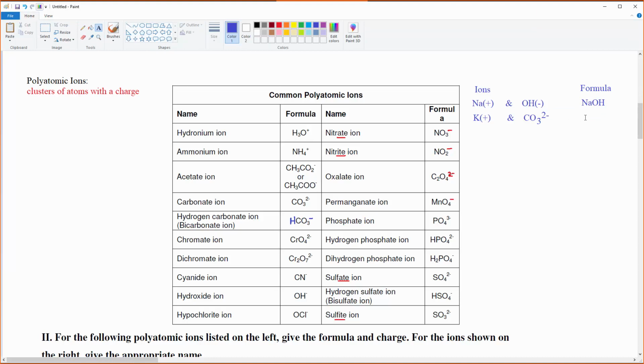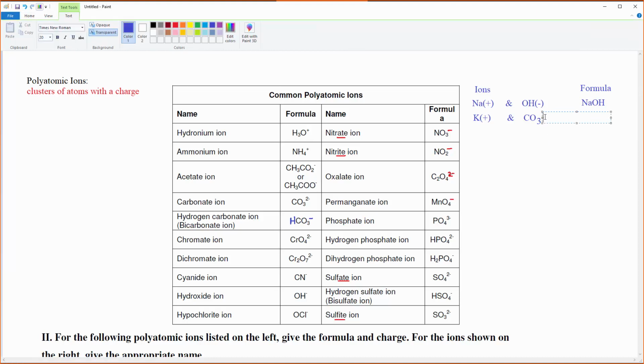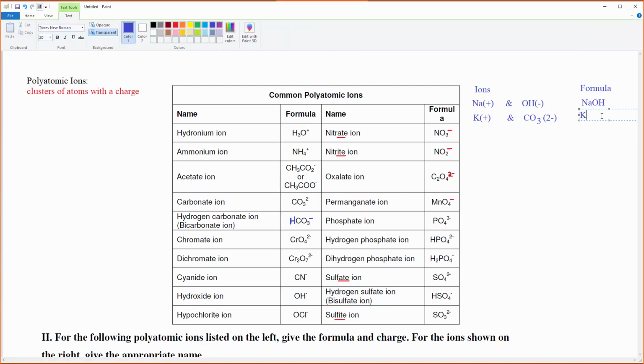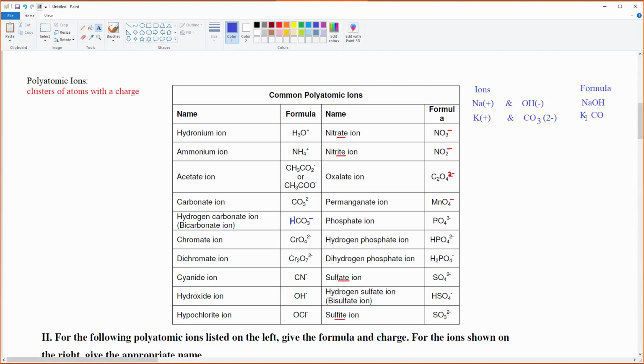What would that formula be? Right, Nicole, you're going to need 2 potassiums for every 1 carbonate for those to cancel out. So your formula is going to be K2CO3. Does that make sense?